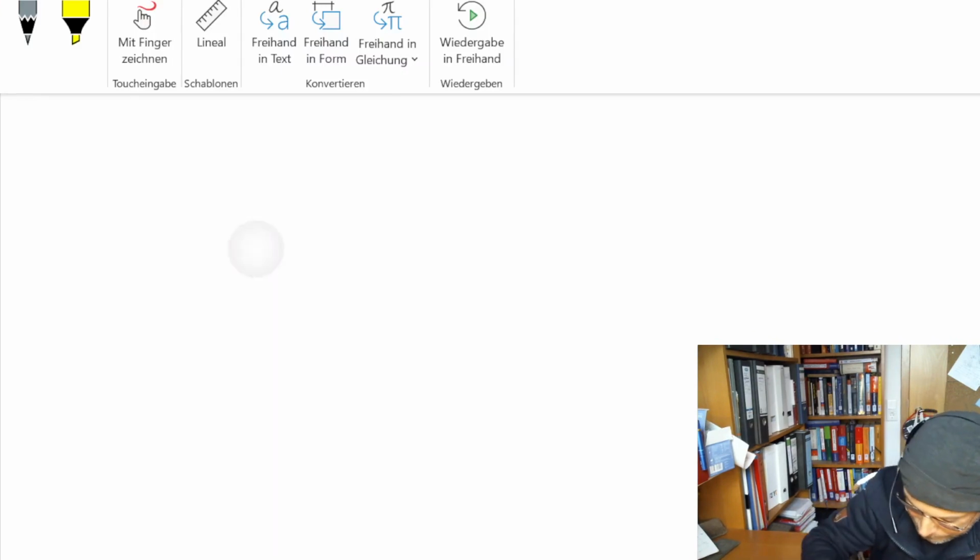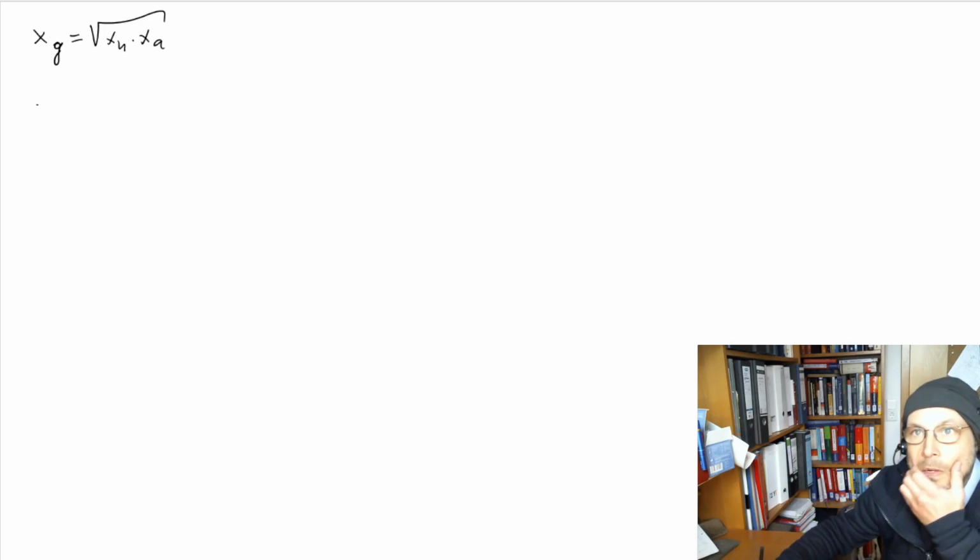So first, xg equals square root out of xh times xa. Well, how to do it? We just put in our numbers.